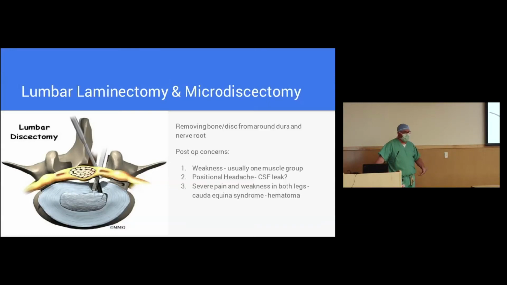So if somebody's saying, I have horrible pain in both my legs post-surgery, they're peeing on themselves if they don't have a catheter, they feel numb in their groin, we call it saddle anesthesia, so you touch them in the groin, they really can't feel it, then that would be what we call cauda equina syndrome. So that can happen from a blood clot after surgery.